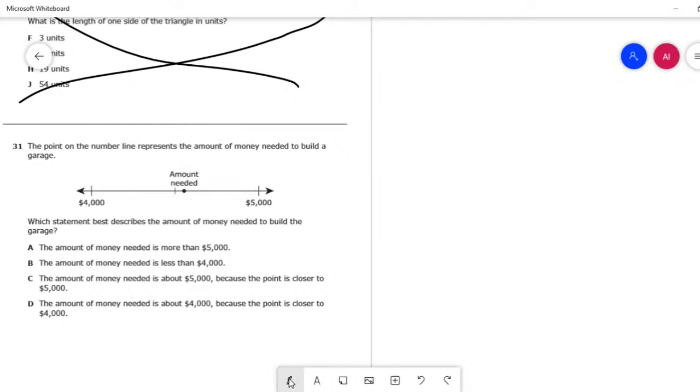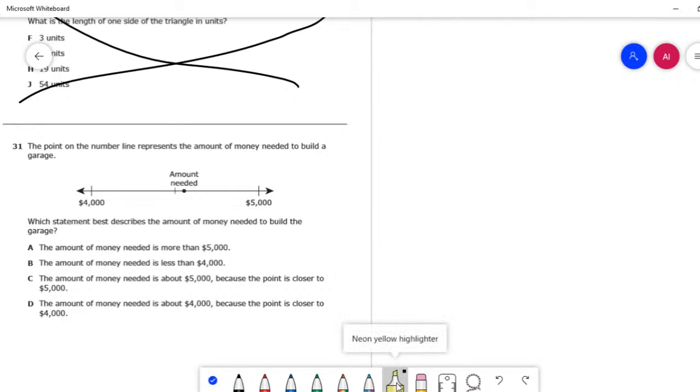So reading the problem, let's get our highlighter out. The point on the number line represents the amount of money needed to build a garage. And here we have a number line showing 4,000, the amount needed, and 5,000. Which statement best describes the amount of money needed to build the garage? So let's start highlighting.